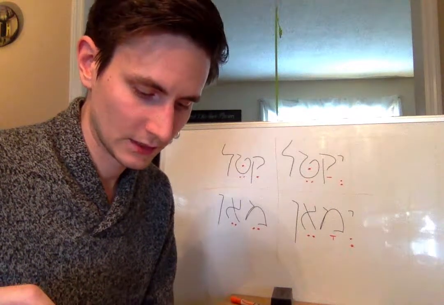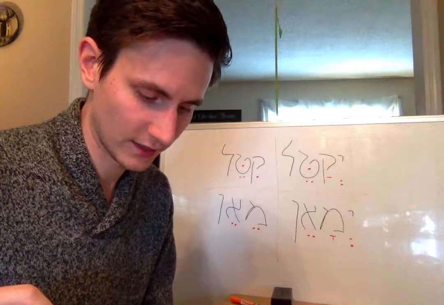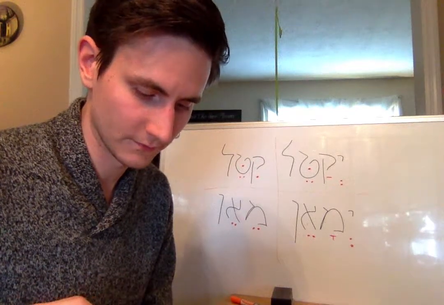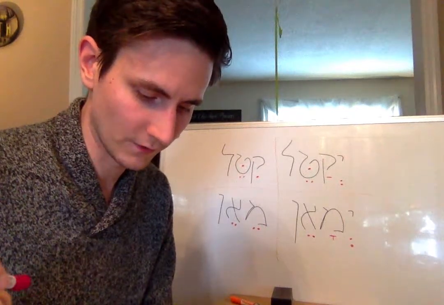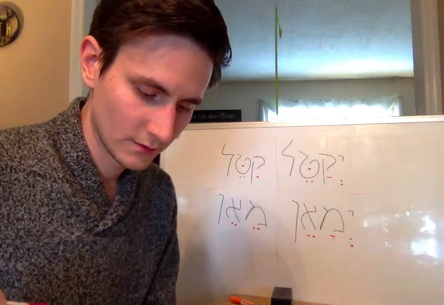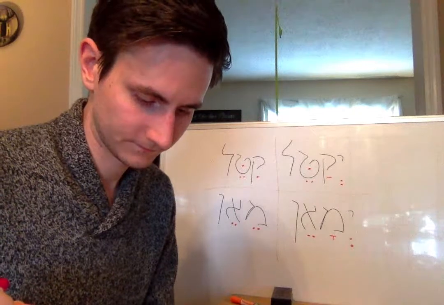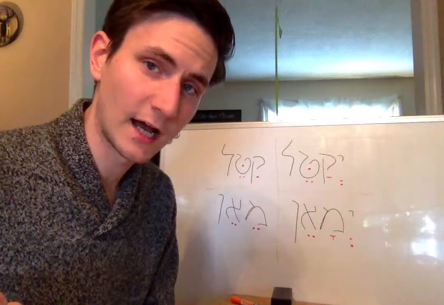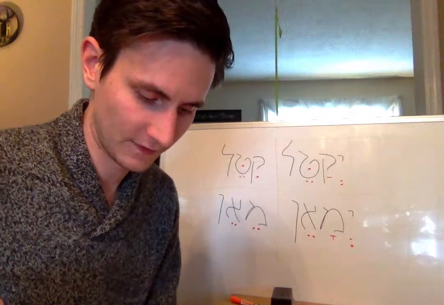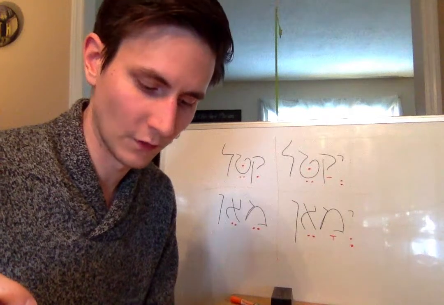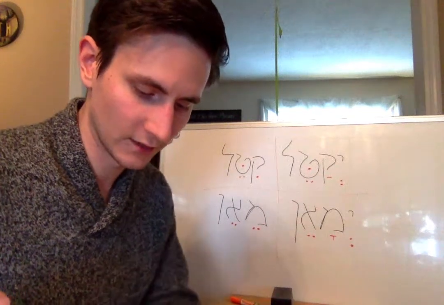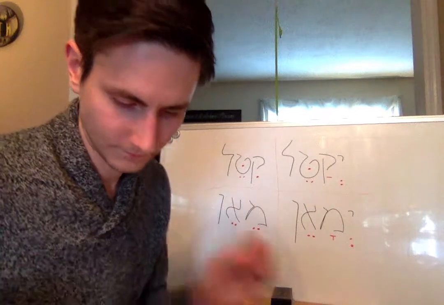So it's related, but it's a little different. Next one, mitzvah, commandment. That comes from the root tzava, which we'll look at in a little bit. And it's related to mitzvot, which is the plural of mitzvah.